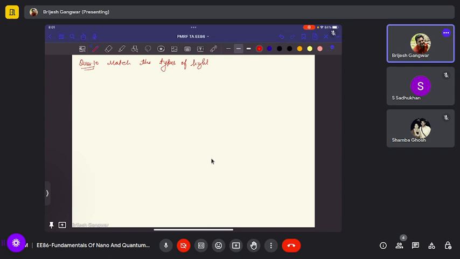So these three are sub-Poissonian light or super-Poissonian light, and in between there is Poissonian light, right?